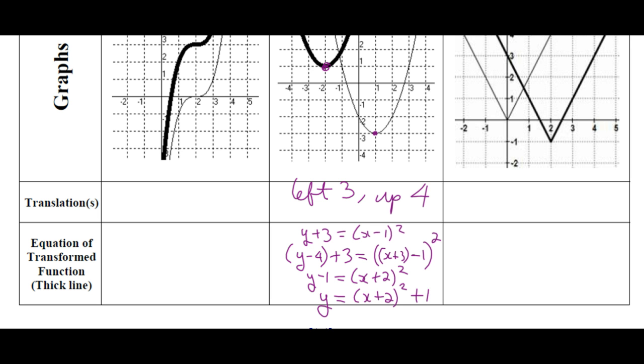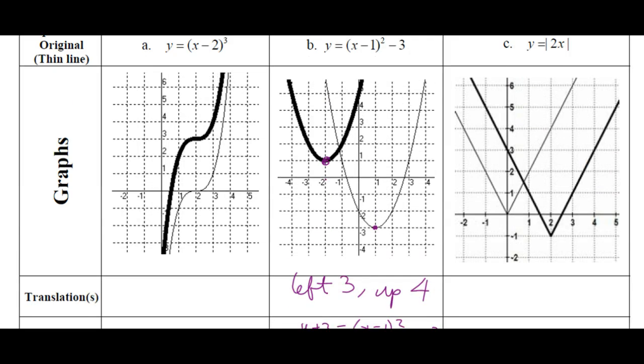Now, if I told you y equals (x plus 2) squared plus 1, and this were last year, then you would say parabola opens up, congruent to y equals x squared. Vertex is where? Negative 2, 1. Right? Aha, you've got a check. Built-in check there.